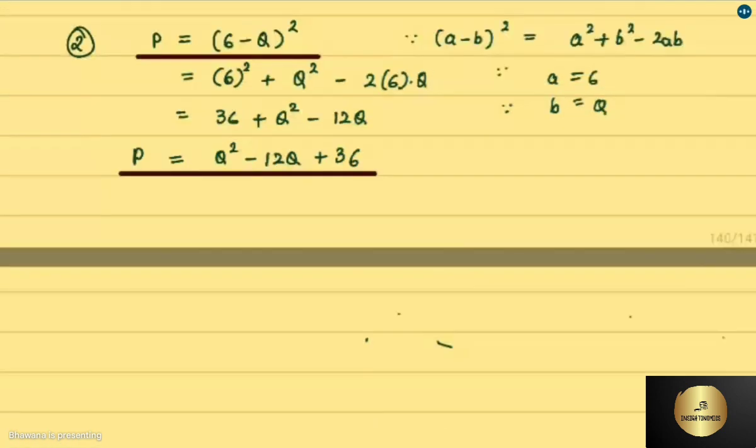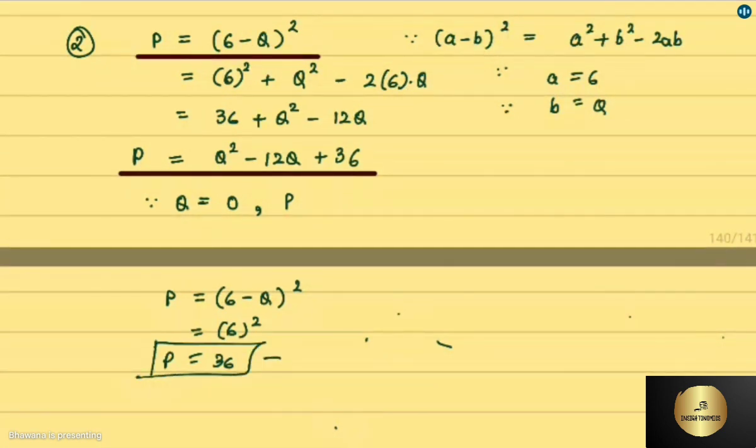So when you put q is equals to 0, you will get maximum willingness to pay. So in this case when you put q is equals to 0, ये आपका formula given है (6 minus q) square. Okay, तो जब q is equal to 0 put करोगे, you will get square of 6, which is 36. So this is your maximum willingness to pay.